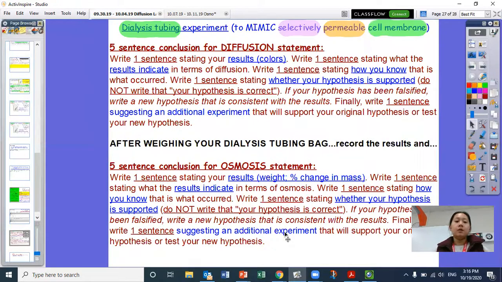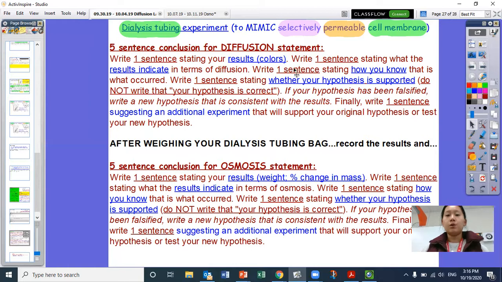Okay. So first of all, for cup 1, you want to talk about what happened to the colors. Okay. You want to tell me basically, based on where the color is, which way did a solute move? Across the membrane into the cell or across the membrane out of the cell?